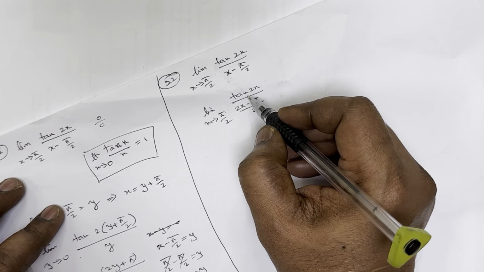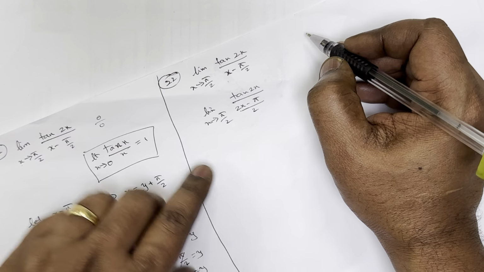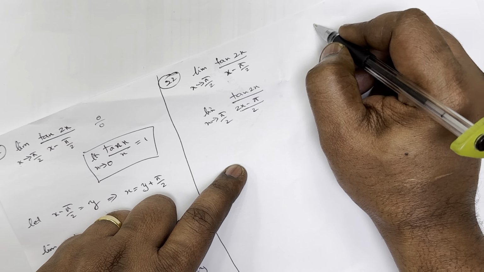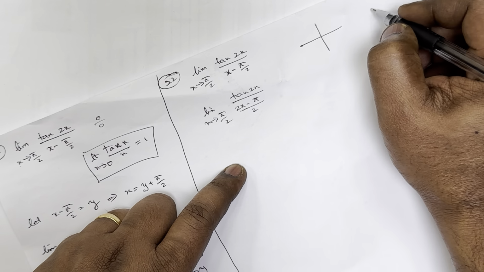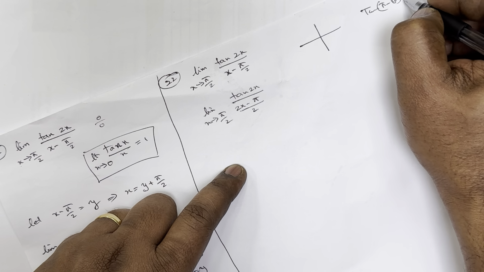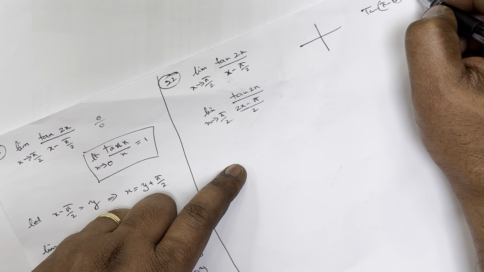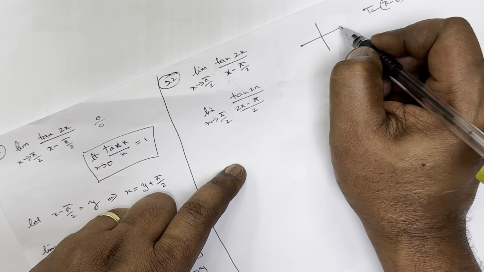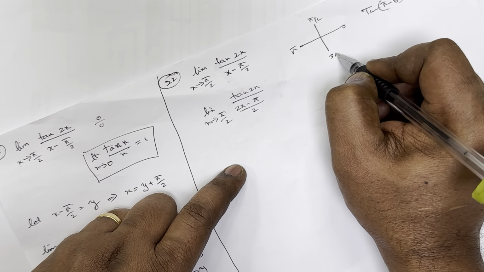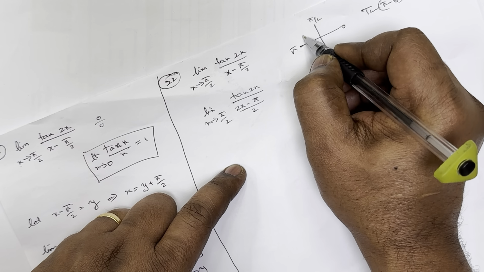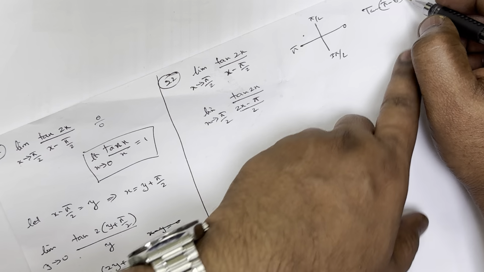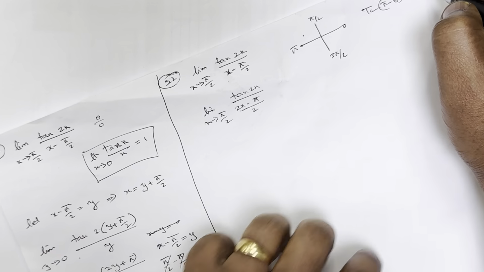Now see, tan 2x can be written as follows. You see, tan of pi minus theta: this is 0, this is pi by 2, this is pi, and this is 3 pi by 2. So pi minus theta goes to the second quadrant where tan is negative, so you will get tan of pi minus theta is equal to minus tan theta.